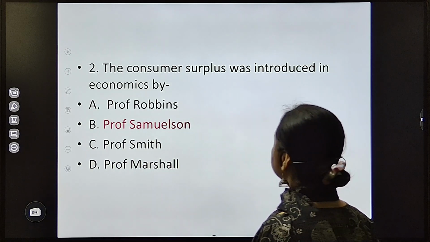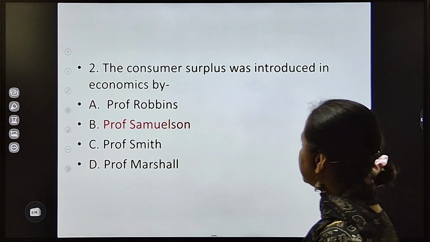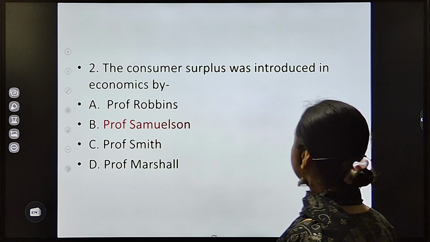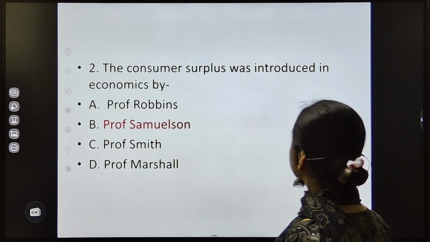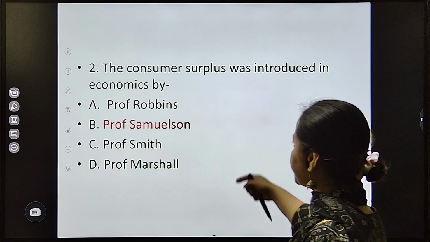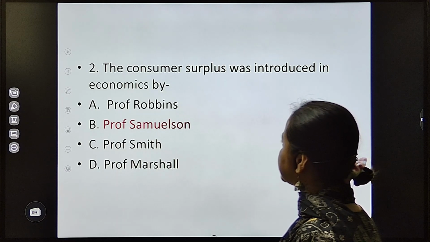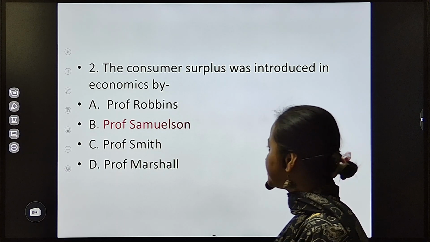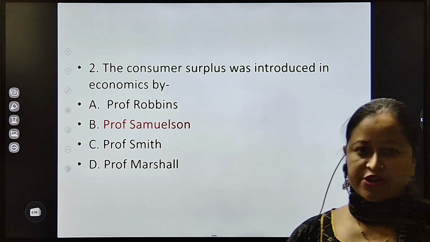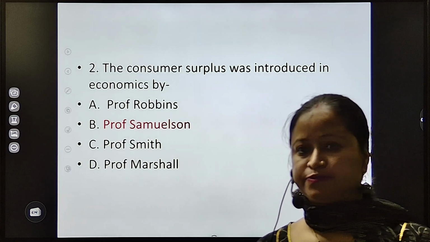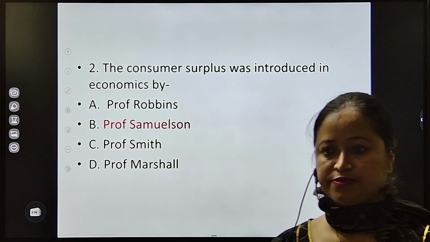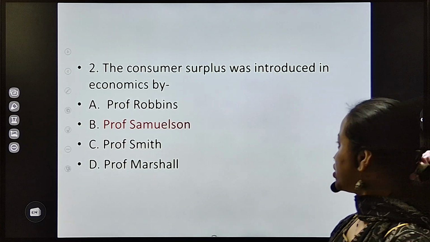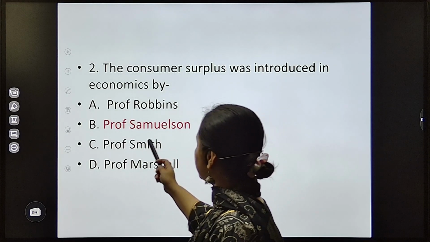This one you write down from chapter 1. The consumer surplus was introduced in economics by, the options are Professor Robbins, Professor Samuelson, Professor Smith, and Professor Marshall. So here, B is the correct option.